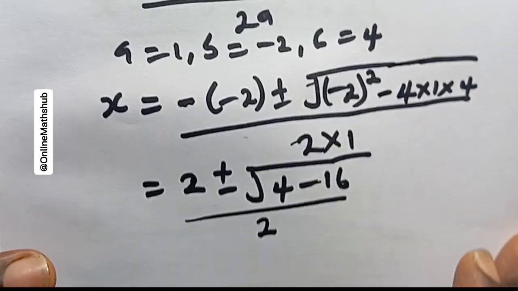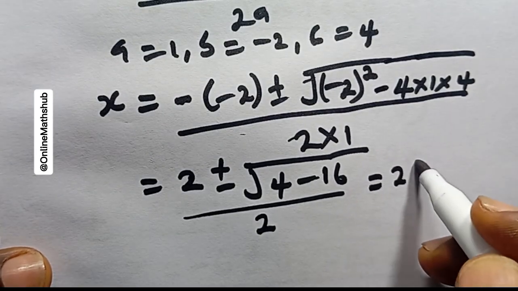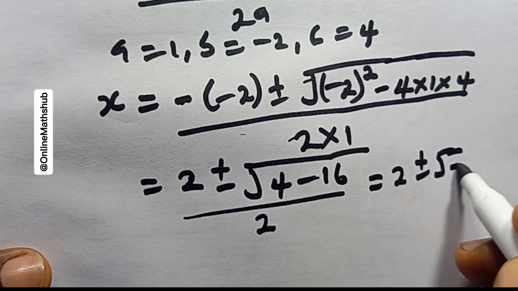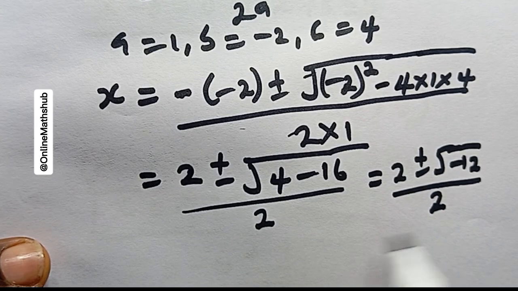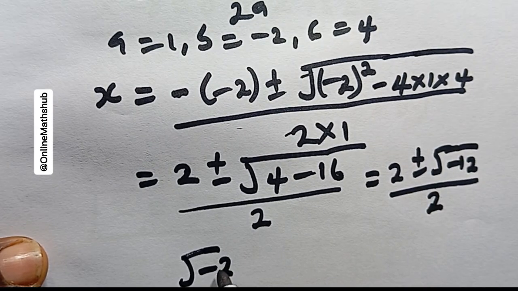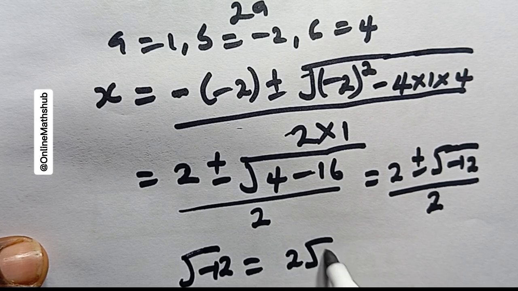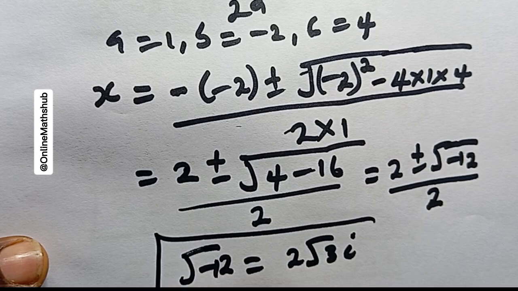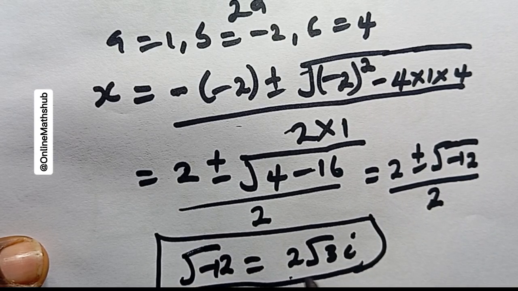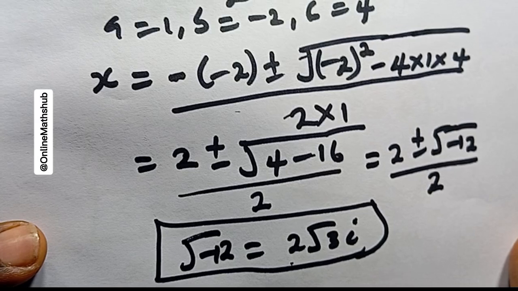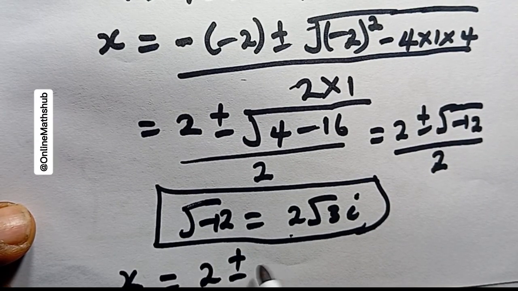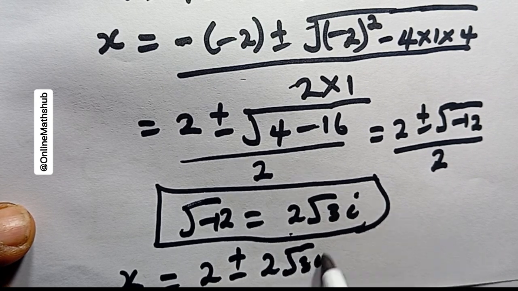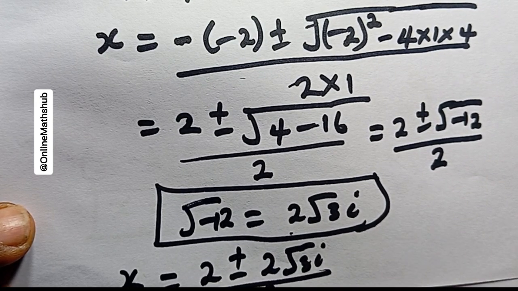All divided by 2. So eventually this is equal to 2 plus or minus root minus 12, divided by 2. And if you remember what we solved, root negative 12 is equal to 2 root 3i. So I'm going to replace root minus 12 with 2 root 3i. So x is equal to 2 plus or minus 2 root 3i, all divided by 2.